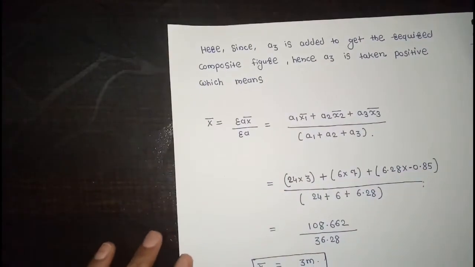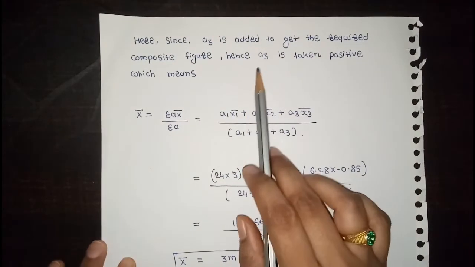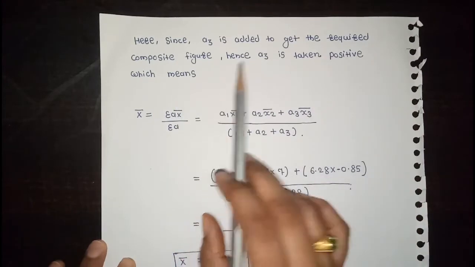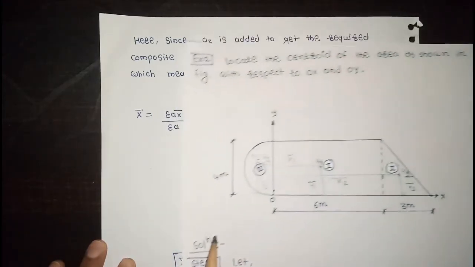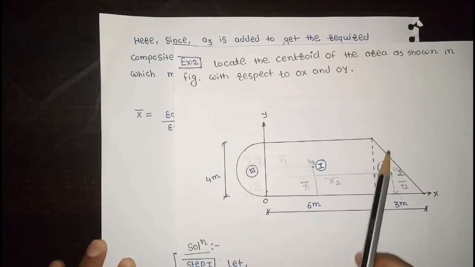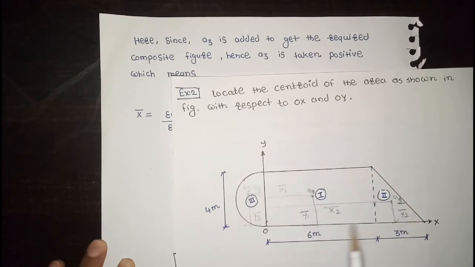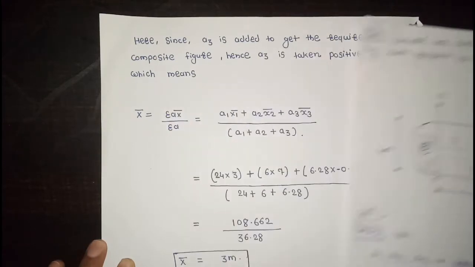Hence, since A3 is added to get the required composite figure, A3 is taken positive.